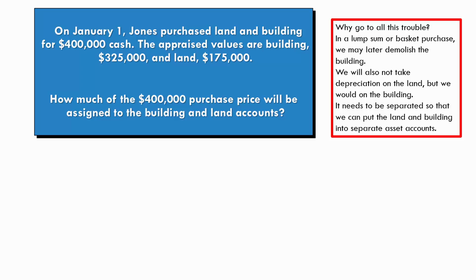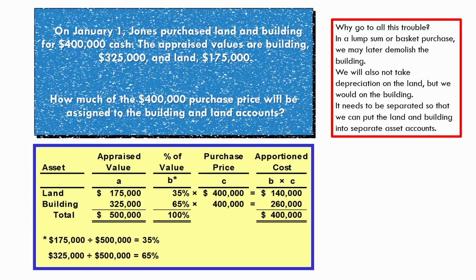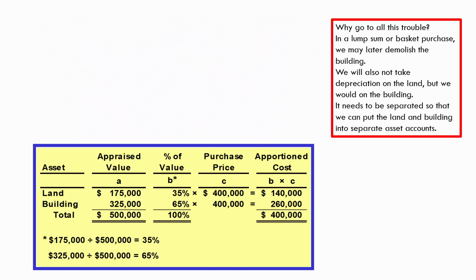But we're going to still use the appraised values because we need to use these appraised values to split the $400,000 between building and land. Again, land is not going to be depreciated. So to do this, we look at the appraised values and we see that the total appraised value is $500,000.